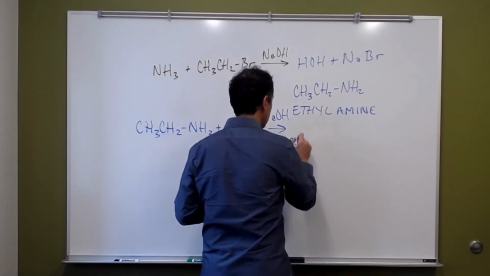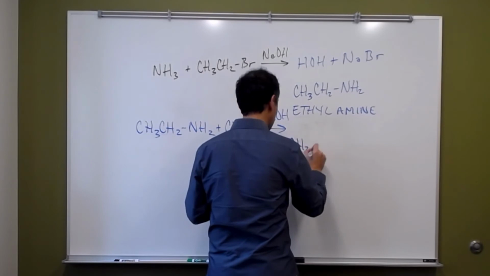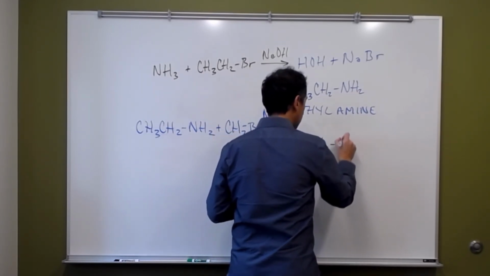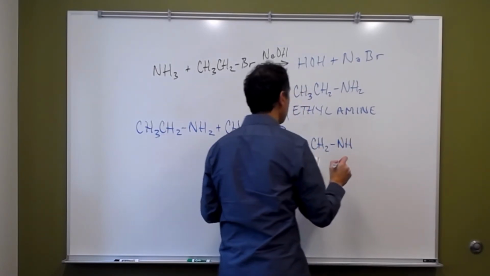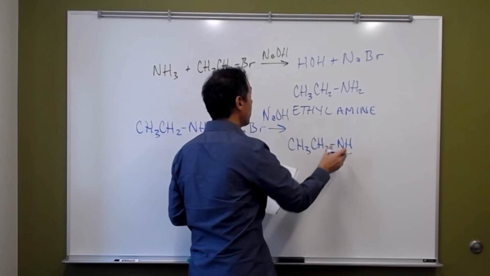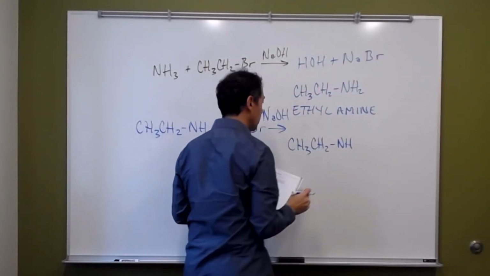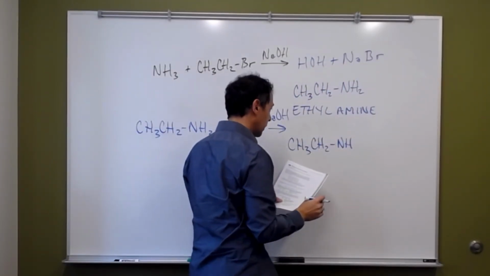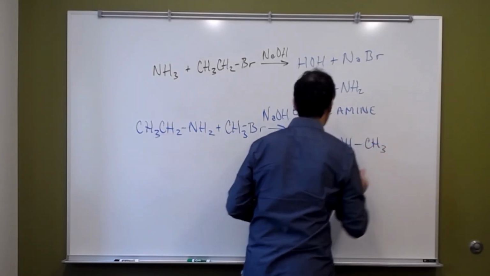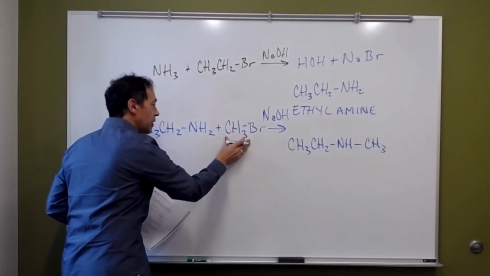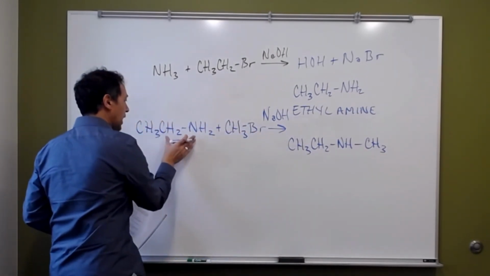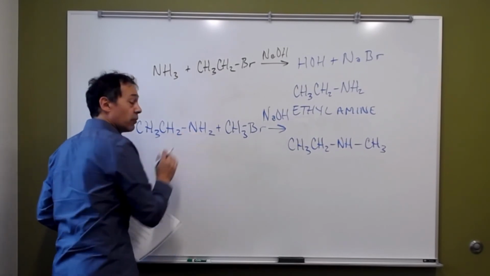So CH3CH2NH, and we'll end up then with our products of water and sodium bromide over here, okay, and CH3. Okay, so this methyl group came over here and attached onto this nitrogen right here.